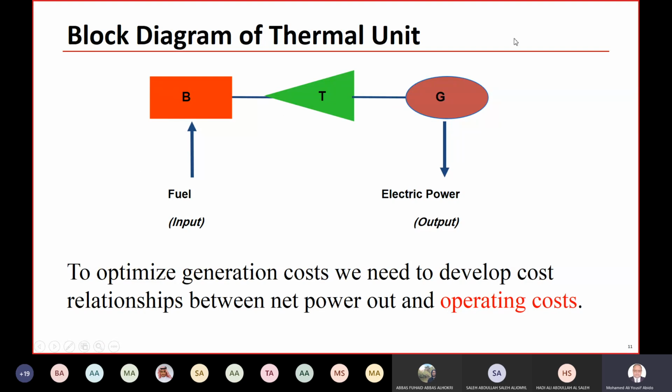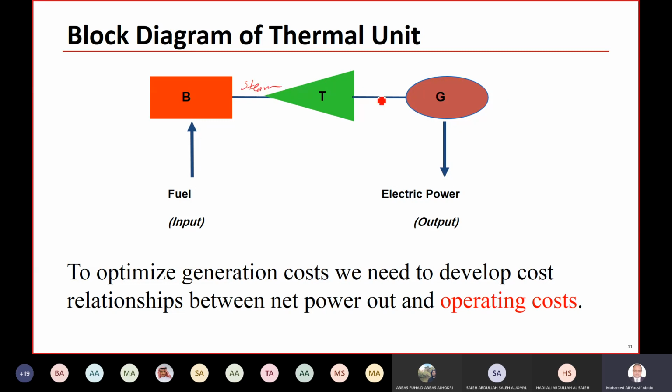So generally this is the schematic diagram of the generation plants. You have here a boiler. This is for the thermal power plant. You have a boiler, and this boiler needs fuel to be burned in order to generate steam, and this steam will go to the turbine.